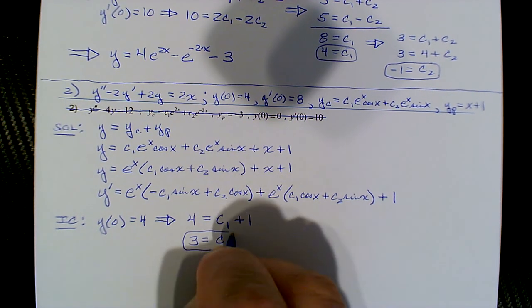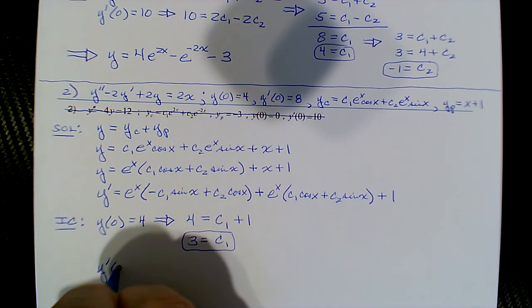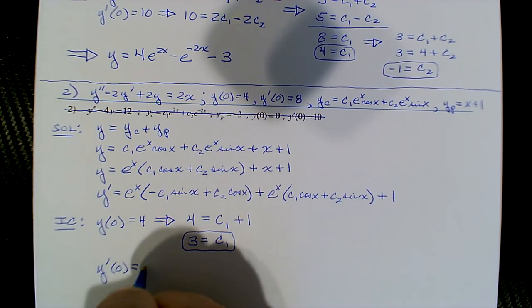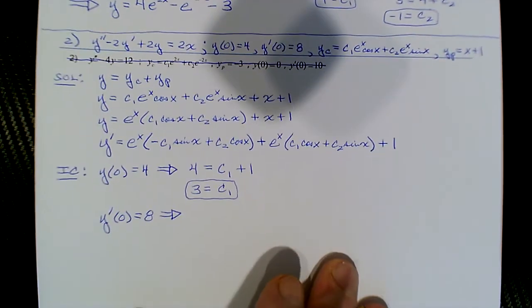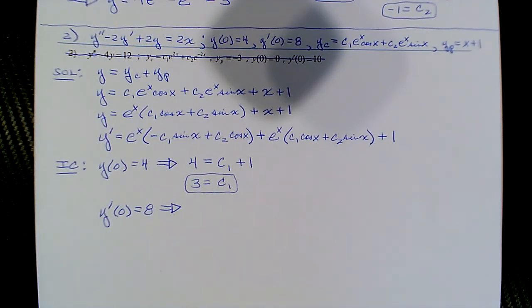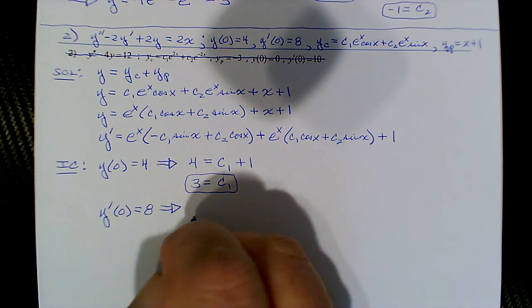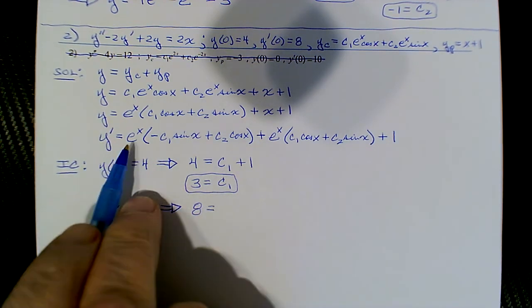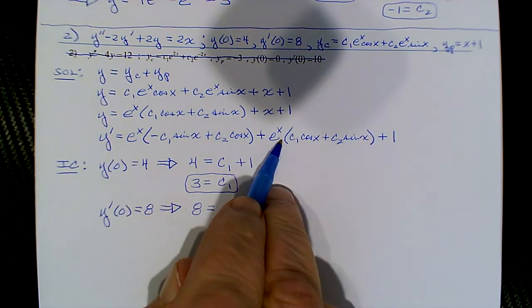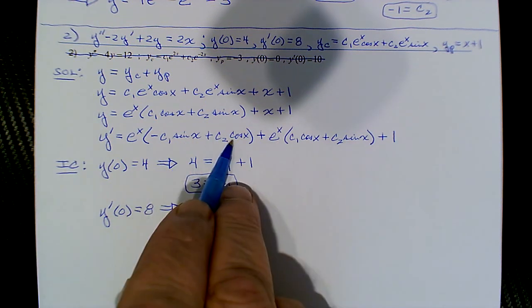And so the second initial condition, y prime of 0, was given to be 8. And so then we have that 8 is equal to, going to y prime, the e to the zeros are 1s, sines go away and cosines stay. So sine of 0 is 0, that's gone. c2 cosine of 0 is c2.